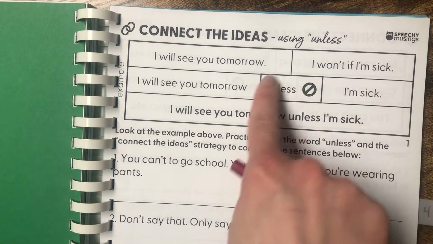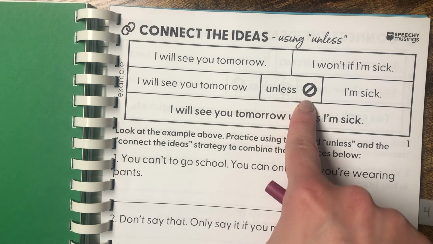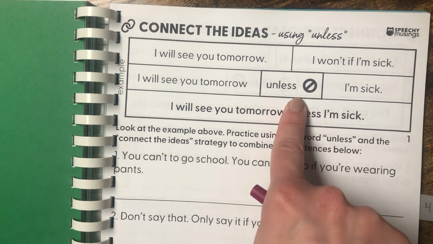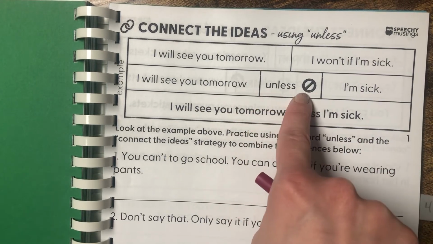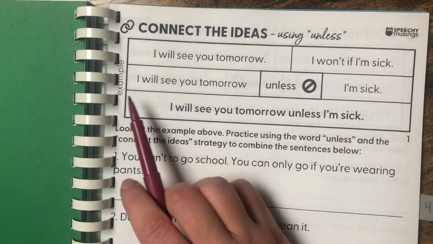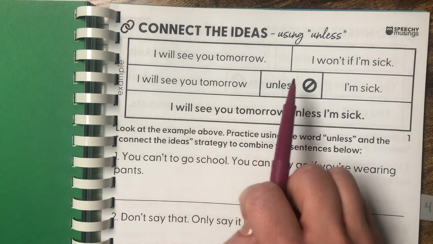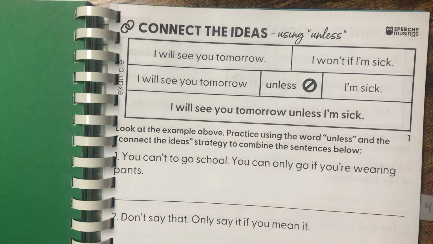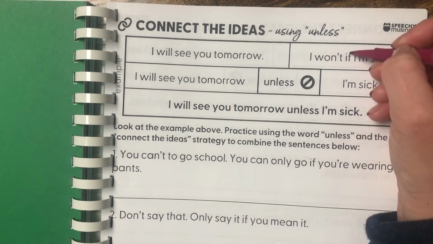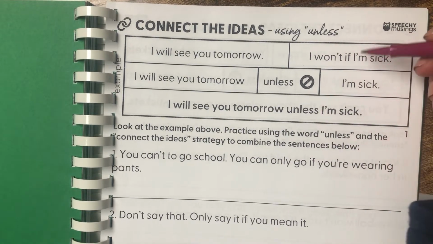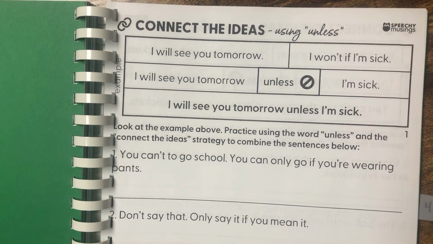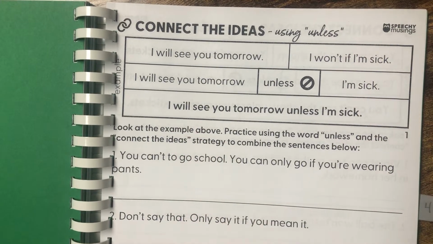We want unless to be embedded or placed into the middle of these two ideas. That's why the box in the middle has the conjunction. So, I will see you tomorrow unless I'm sick. I noticed that this word, I won't if, is more like an except if I'm sick. So I will see you tomorrow unless I'm sick.